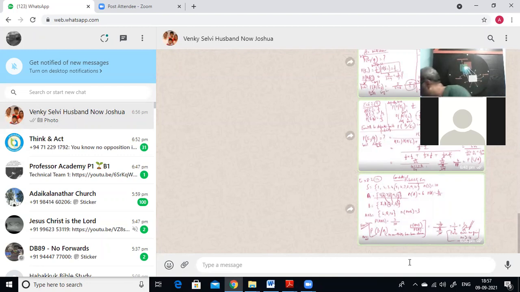Now the 12th sum is over. You have to do the 13th sum. The 13th sum is a conditional probability sum. We have only 3 more minutes, so we finish the 13th sum. You can try to do the 15th sum, it is a simple sum.